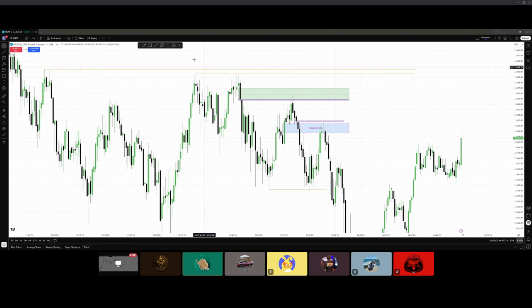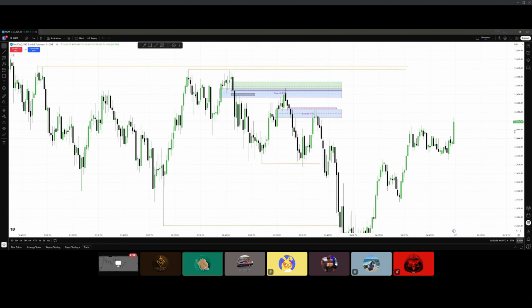Look at that. And this is what I say about the market: the market takes people's liquidity. I guarantee thousands of people had their stop loss right there, and the market wicked them out through this fair value gap, this inverted fair value gap, only for the trade to play out in the direction.